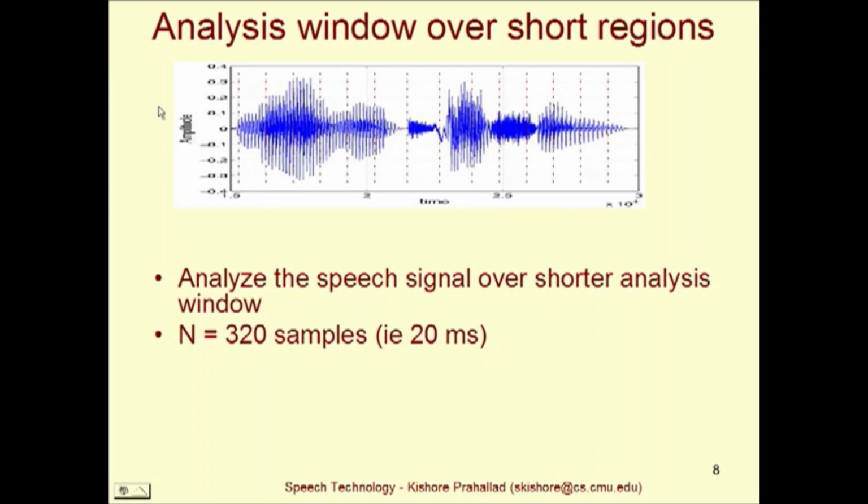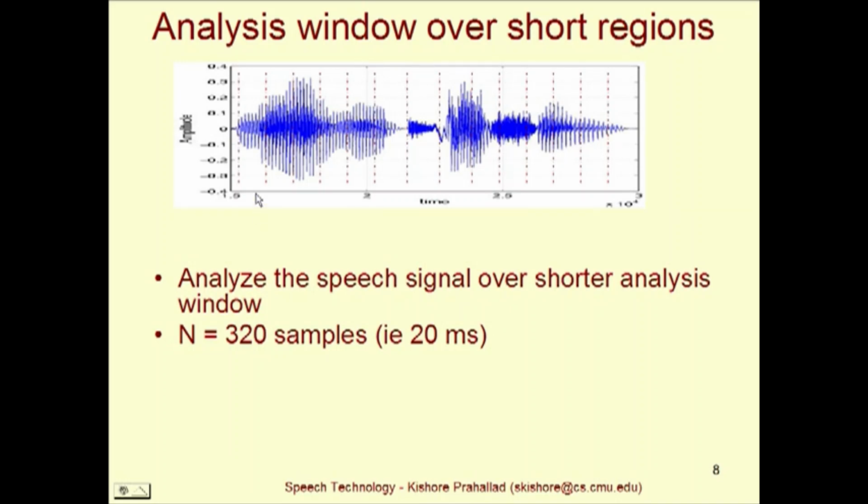That means we don't want the analysis window over the entire speech, or the analysis window to be put on each sample, but we want the analysis window to be put on a certain shorter region, which you can see here. So there is a speech signal here, and then we divide the speech signal into shorter regions. So our analysis now will focus on each of these shorter regions.